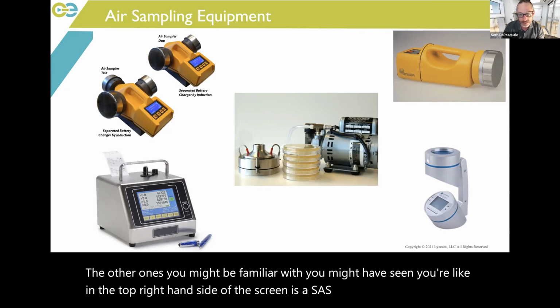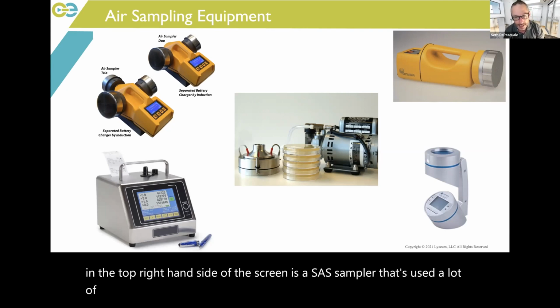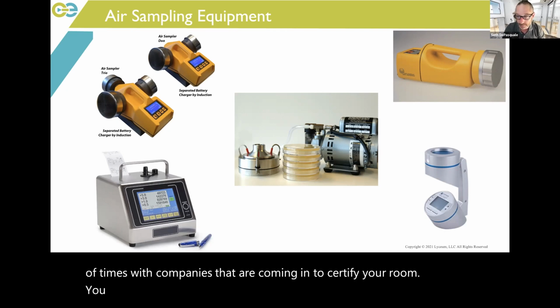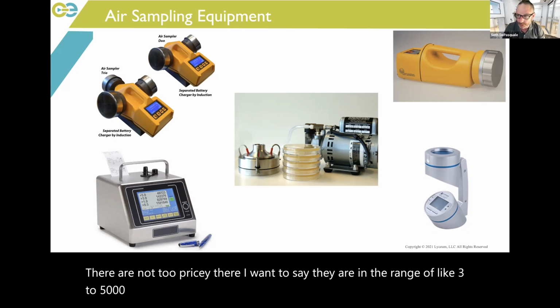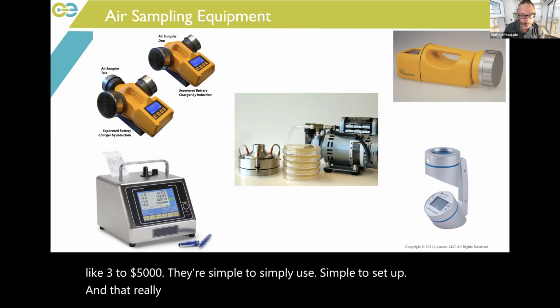That's used a lot of times with companies that are coming in to certify your room. They're not too pricey. I want to say they're in the range of like $3,000 to $5,000. They're simple to use, simple to set up. And that really applies to all of these pieces of equipment.